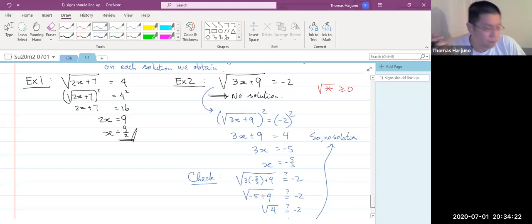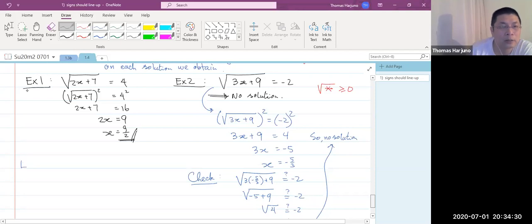Okay. The thing is, what happens if we don't know if the other side is positive or negative? That is when the other side has a variable. Example 3. Suppose I use question number 34.